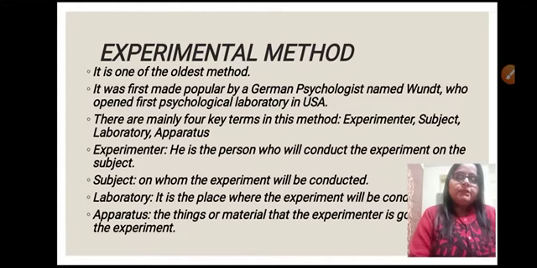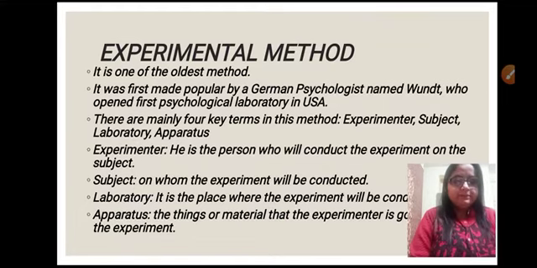Then the last method is the experimental method. This is one of the oldest methods in psychology, and it was made popular by a German psychologist named William Wundt. We have already discussed this person, who opened the first psychology laboratory.